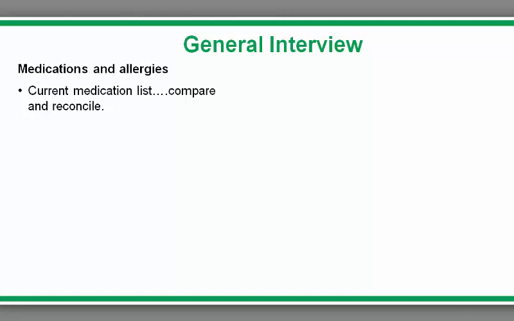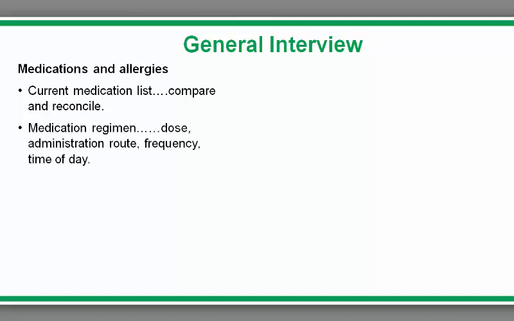What the patient has should be compared and reconciled with the medical file of that patient, so that the medications the patient is taking and understanding does reconcile well with what has been prescribed by their physician.